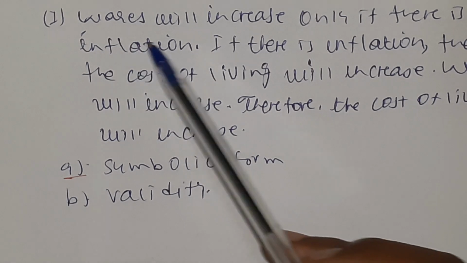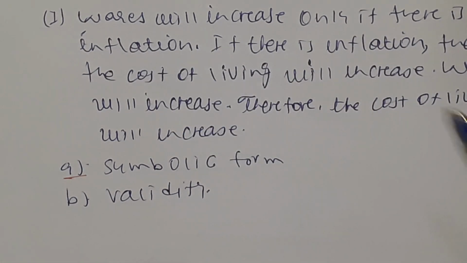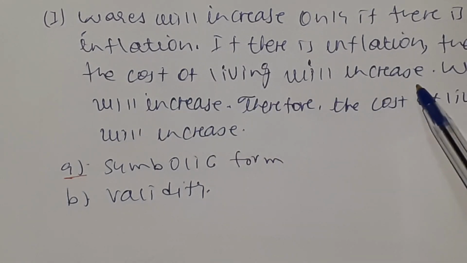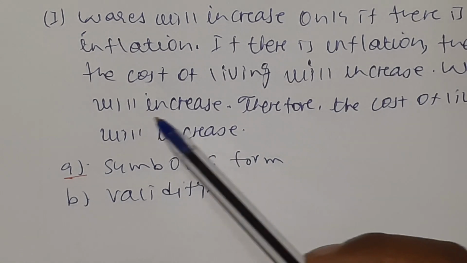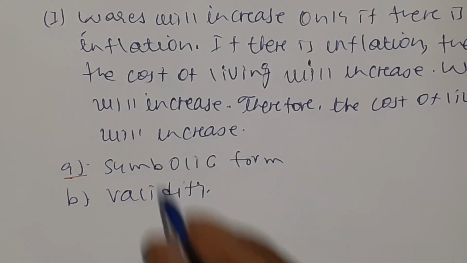So, wages will increase only if there is inflation is the first premise. If there is inflation, then the cost of living will increase is the second premise, wages will increase is the third, and therefore the cost of living will increase is the conclusion for this argument.